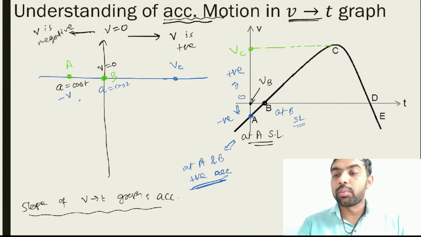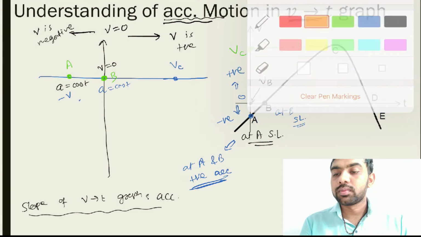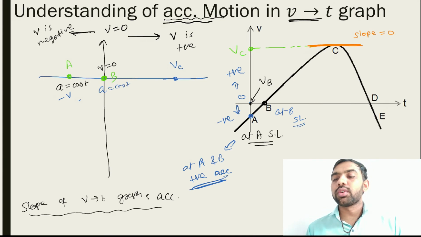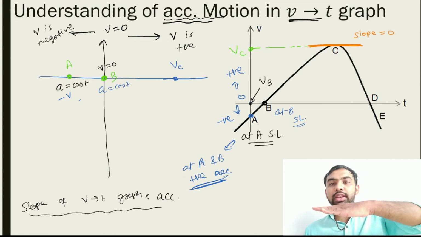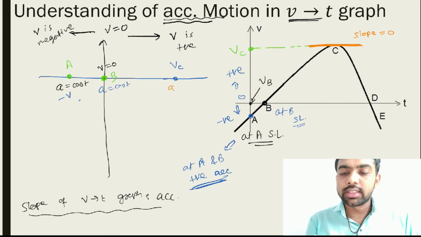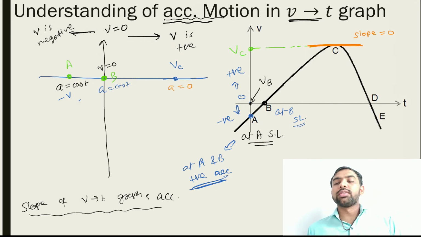But what do you think about slope? You draw the slope. Slope is equal to 0, a straight horizontal line. So slope is 0. It means at C acceleration is equal to 0.